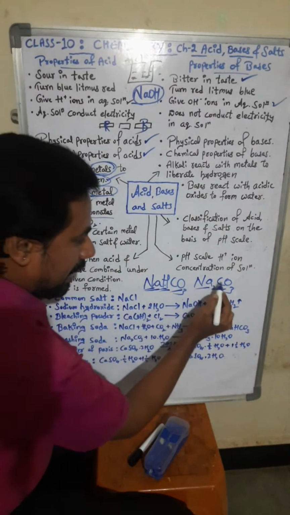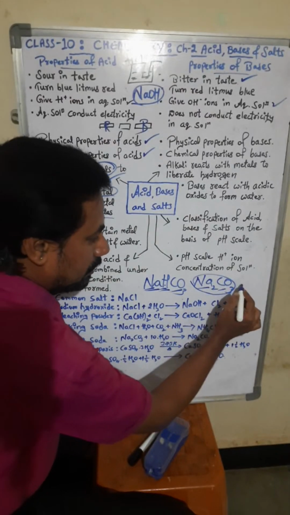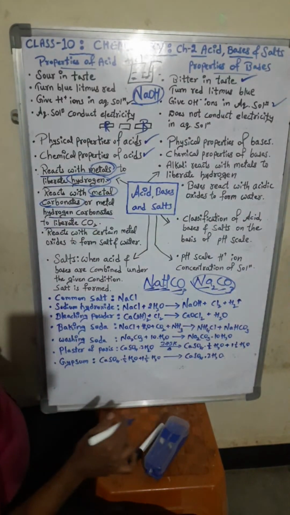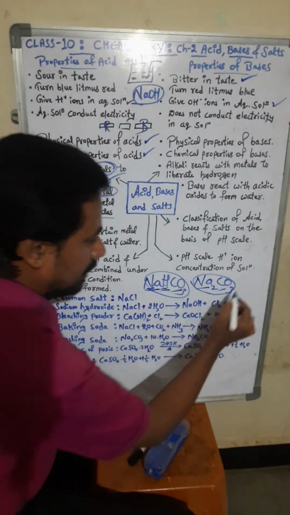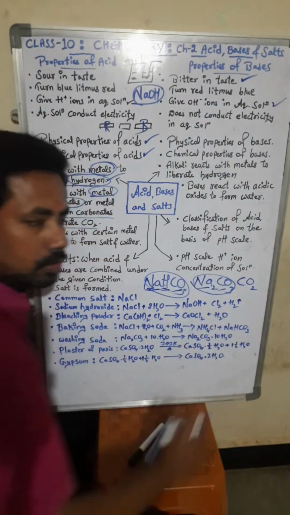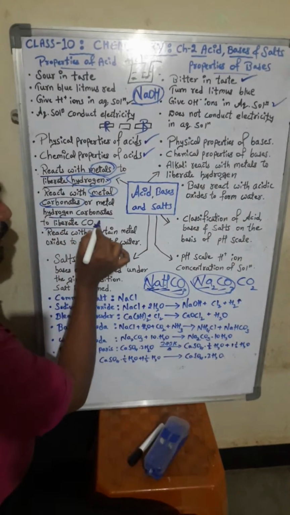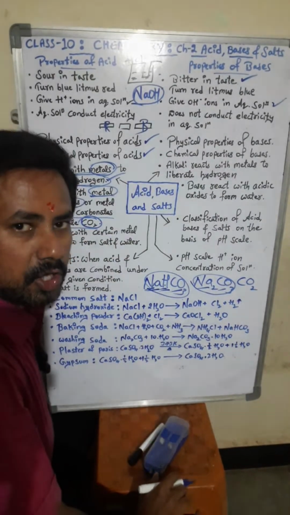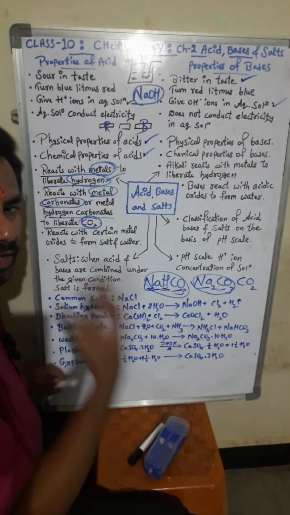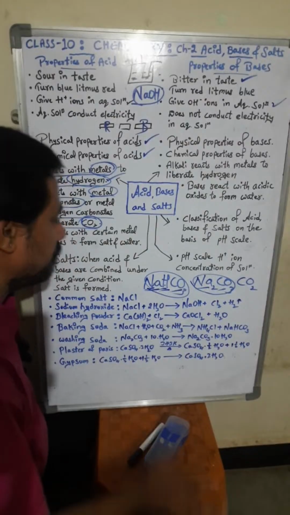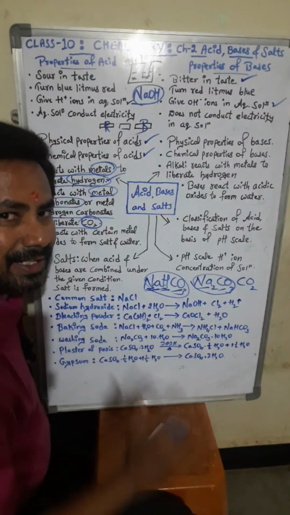So when acid reacts with this one, or it reacts with this one, metal hydrogen carbonate, it will give carbon dioxide, students. What is it going to give? Carbon dioxide. Just you have to remember, simple is there, easy is there. Later when we are solving some reactions, you will understand better. It is just an introduction part.